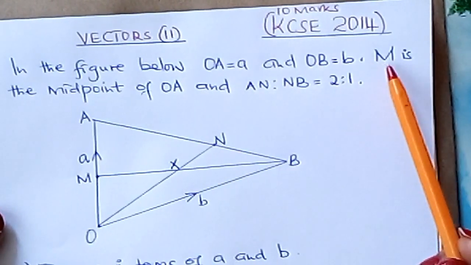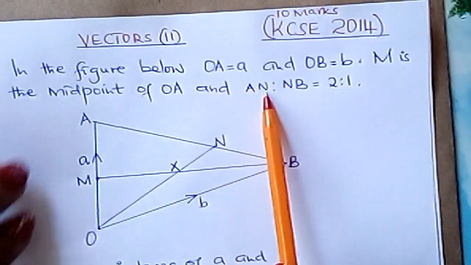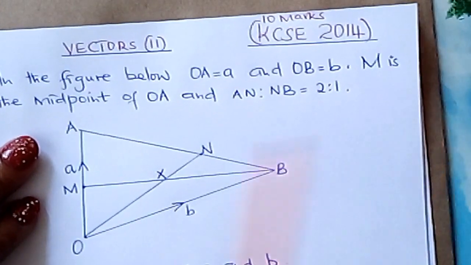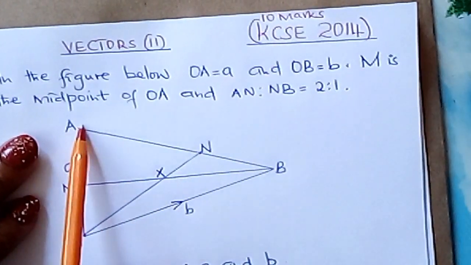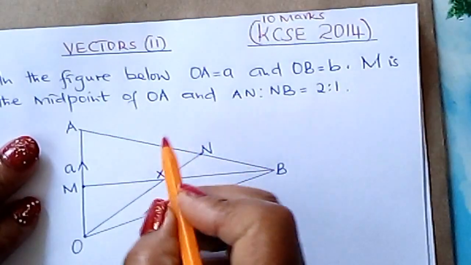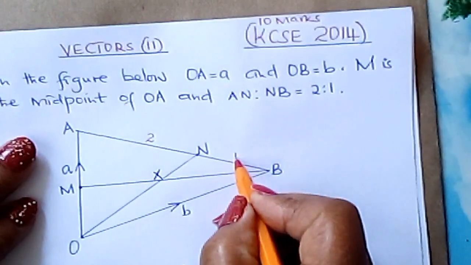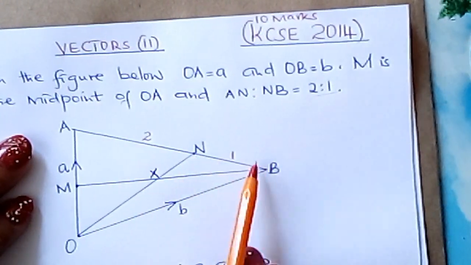You are told M is the midpoint of OA, and AN is to NB equals 2:1. You go to your diagram and fix your ratios there. AN is 2, NB is 1.